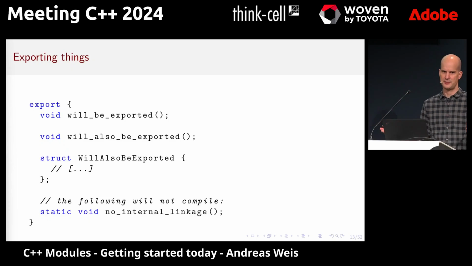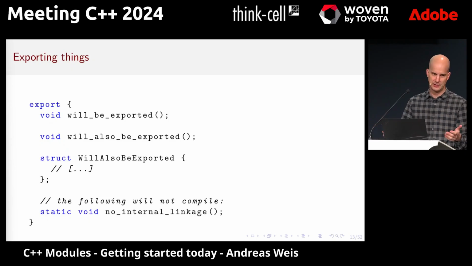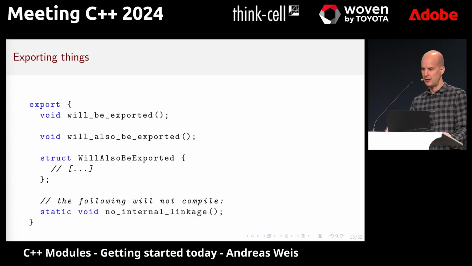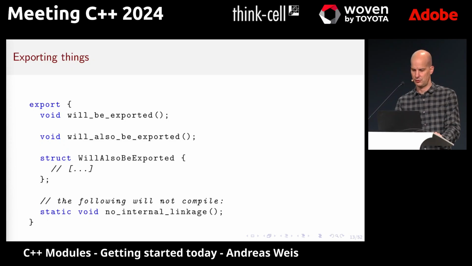So this is not dangerous. If you get it wrong, you will always get a compiler error, and the compiler will tell you that you did something wrong, but it's just something to keep in mind.